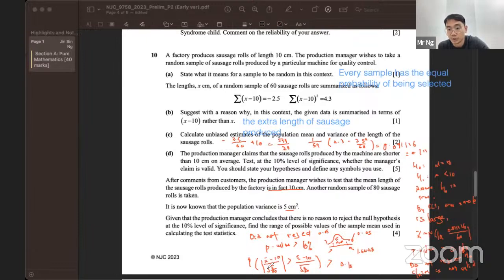So this represents z. So z needs to be more than a certain value such that it will be inside here.